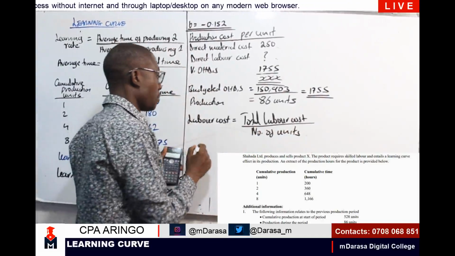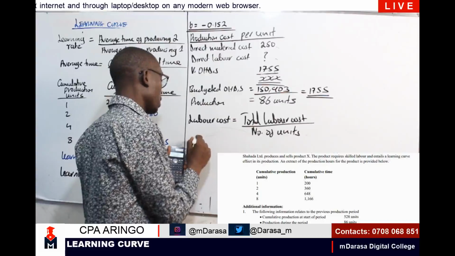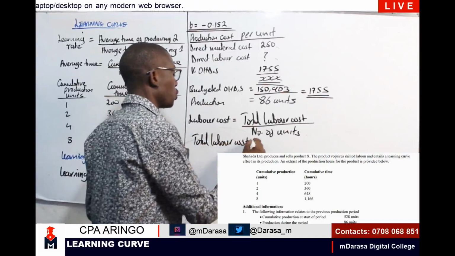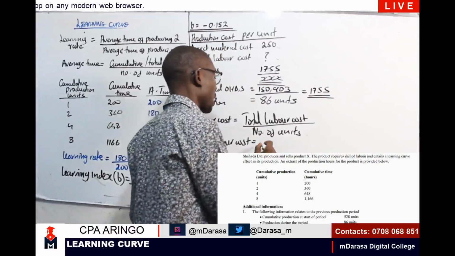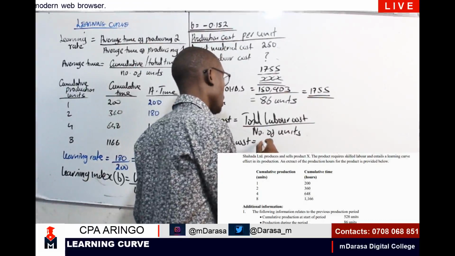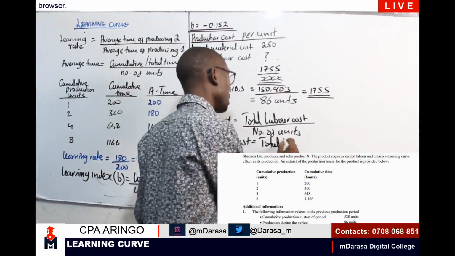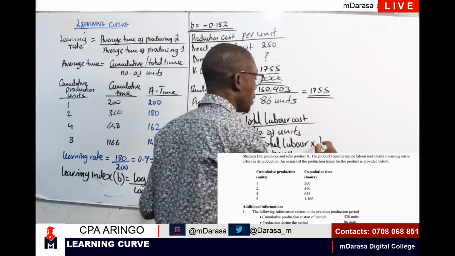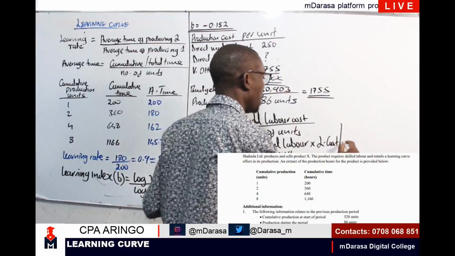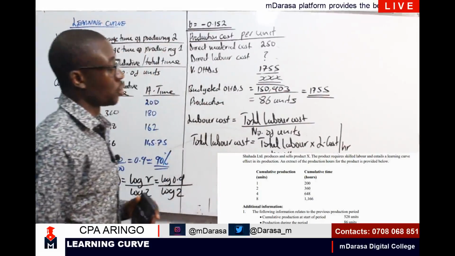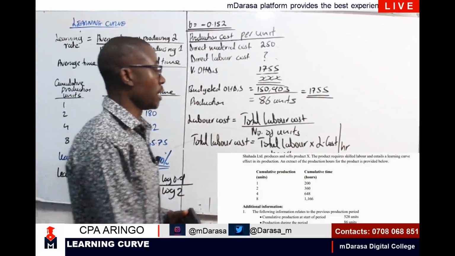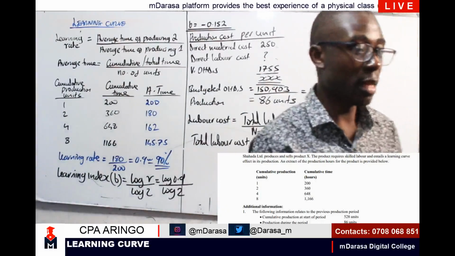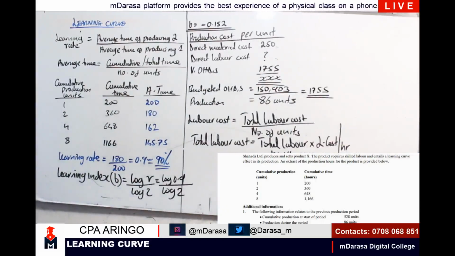To determine our total labor cost, we should be talking of the total labor hours, which we multiply by labor cost per hour. So in our question, clearly you can see the examiner had given us the labor cost per hour. But we don't have the total labor hours.